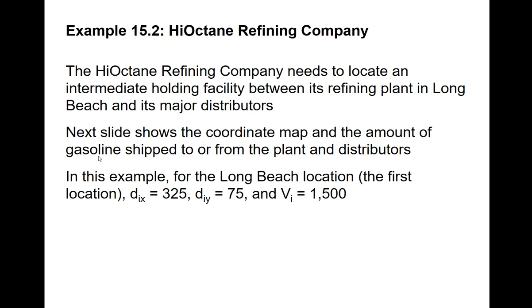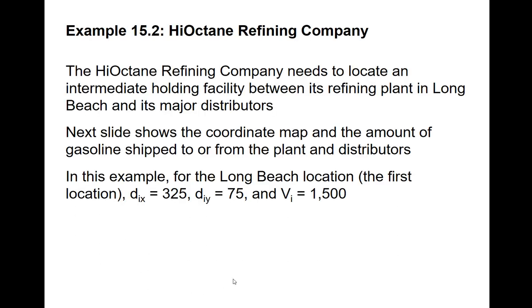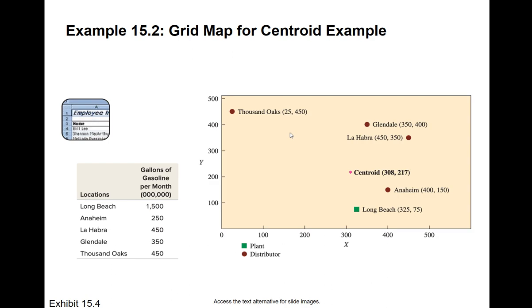We have all of the information here, and this is the Long Beach location with the x value, the y value, and the volume of the demand. All of the V stands for the value of the goods moved from one location to another.